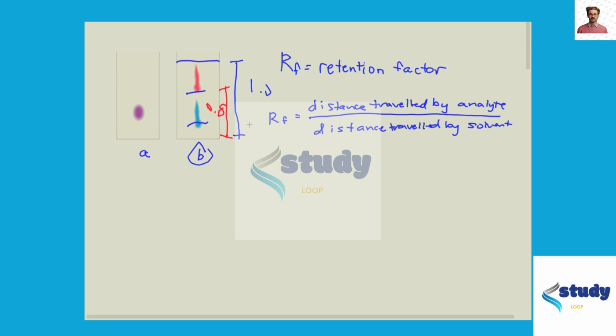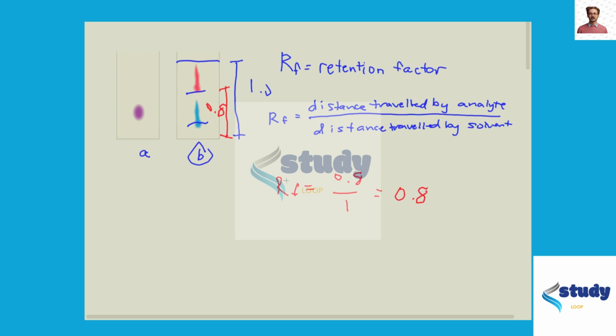Maybe this is in inches, it's just arbitrary. So the RF in this case is equal to 0.8 over 1, which gives us a retention factor of 0.8.